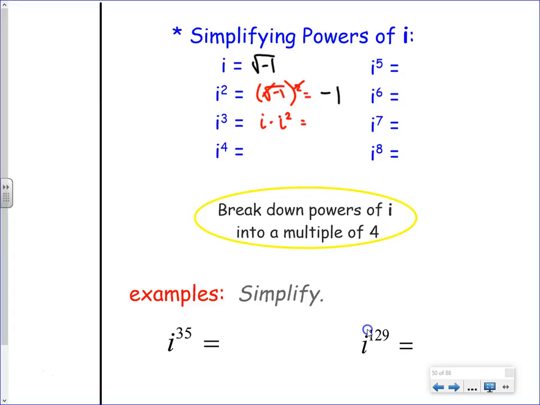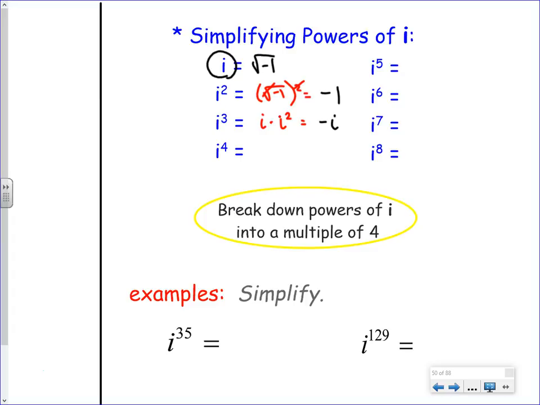It is negative square root of negative 1, but what's the best way of writing it? We don't really want to write the square root of negative 1. The best way of showing an imaginary number isn't the square root of a negative, it's i. So we're going to say negative 1 times i is negative i.